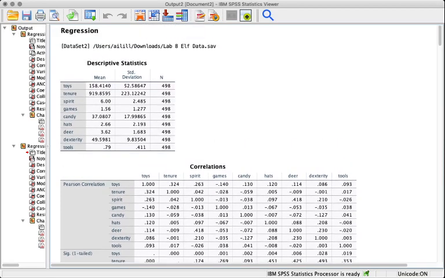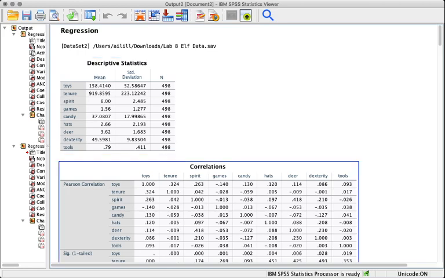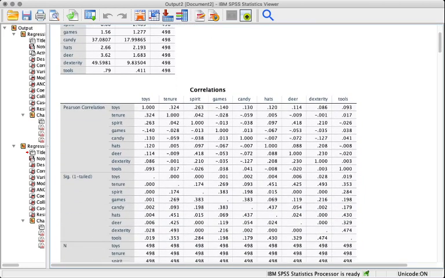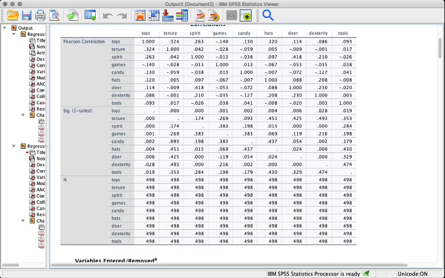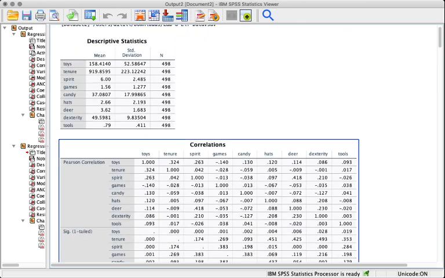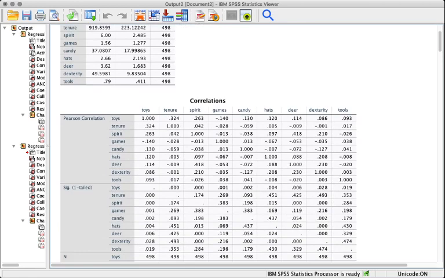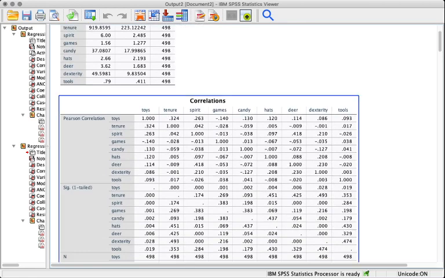Okay, so first thing we have here is just some descriptive statistics. So the mean, standard deviations, and N. We don't need to look at this right now. It's not super important. Next up is the correlation table. And if you remember, for this, we essentially are looking to ensure that there isn't any multicollinearity.